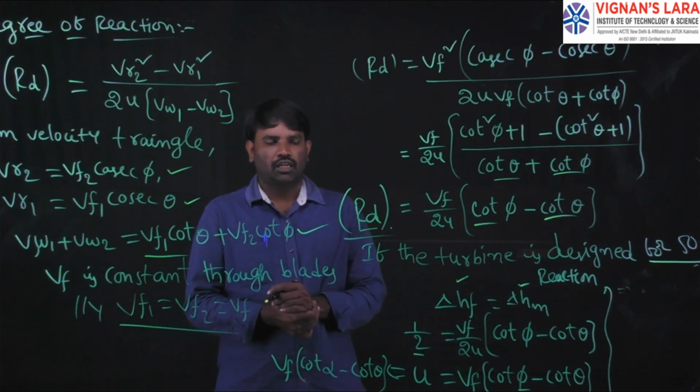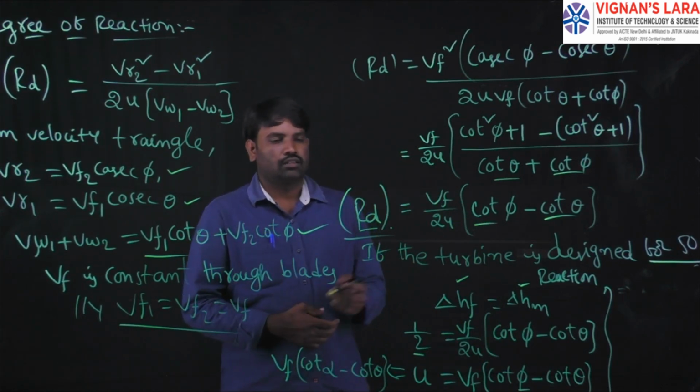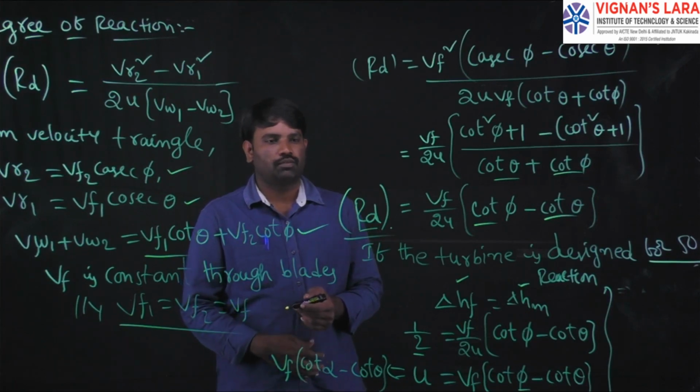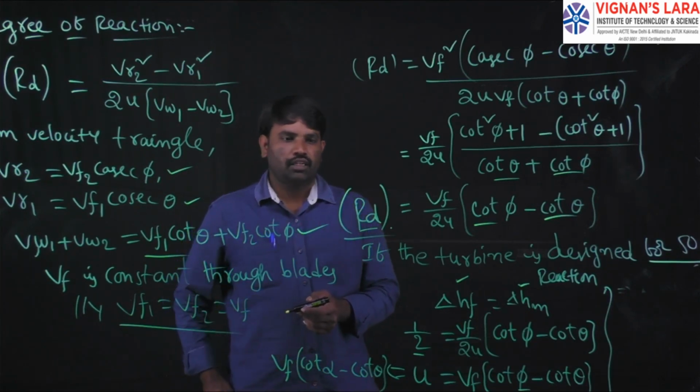Generally, in a reaction turbine the fixed blades and moving blades have the same shape.